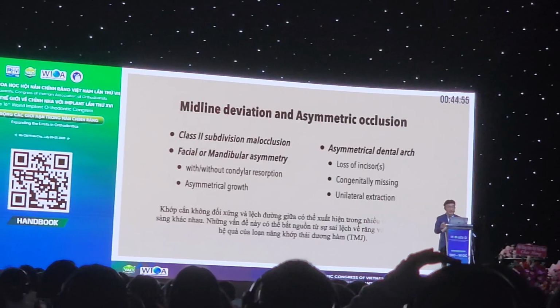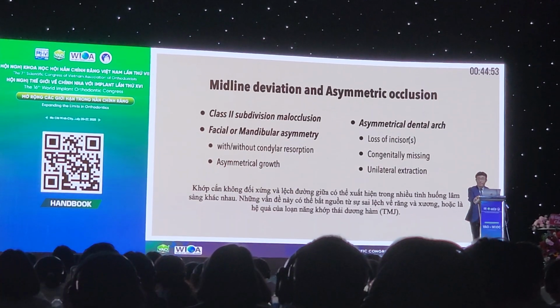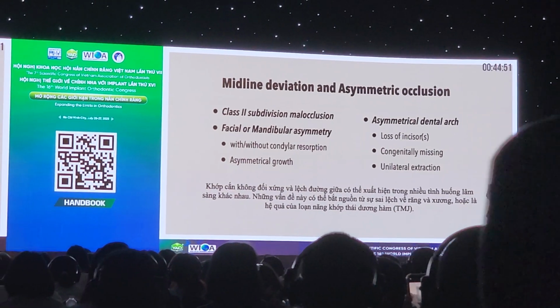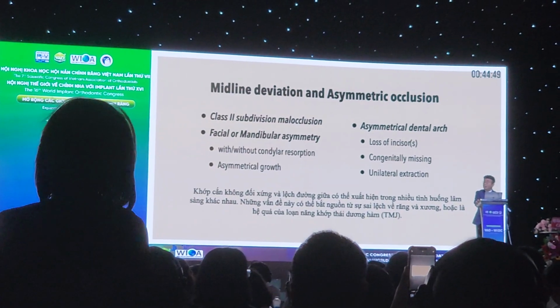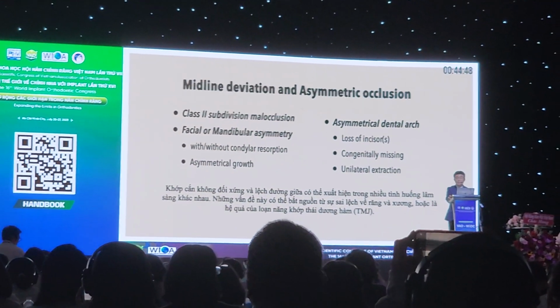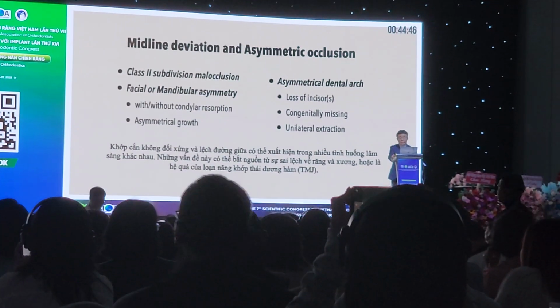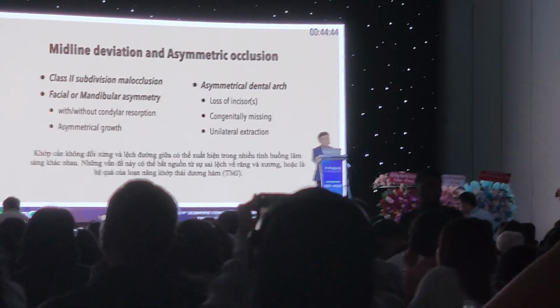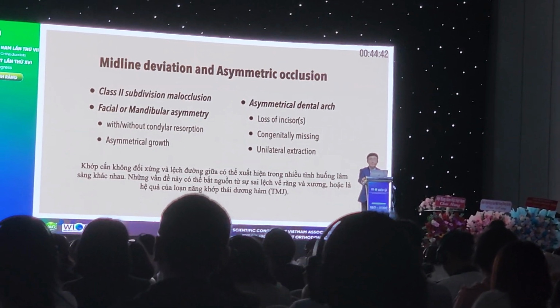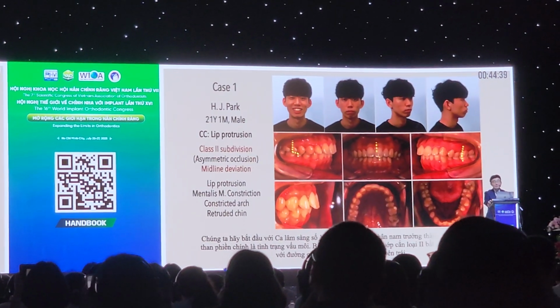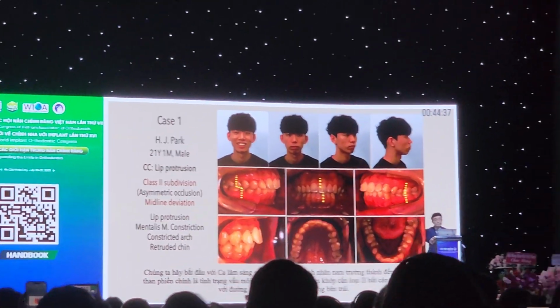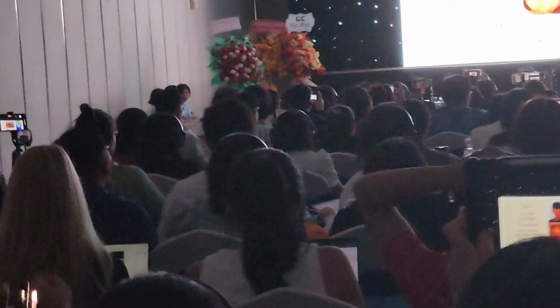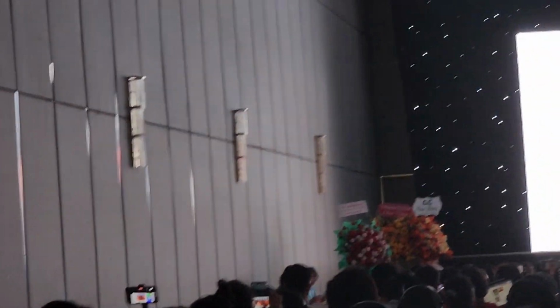Asymmetric occlusion and midline deviations can manifest in various clinical scenarios. These issues may arise from dental and skeletal discrepancies, or as a consequence of temporomandibular joint dysfunction. Let's begin by examining case 1. This is an adult male patient who presented with a chief complaint of pronounced lip protrusion.